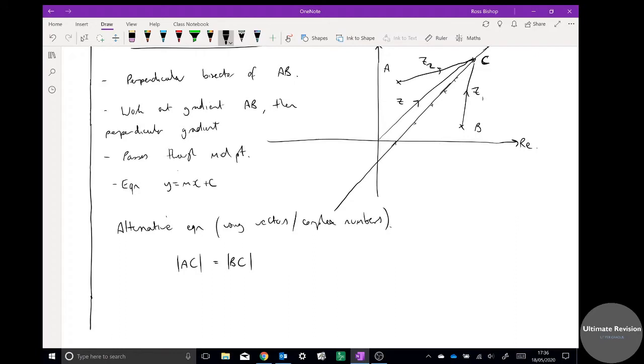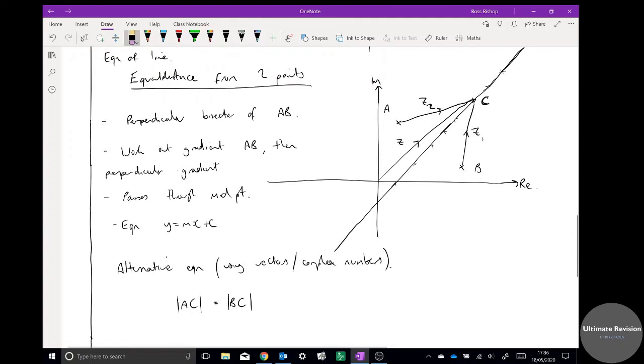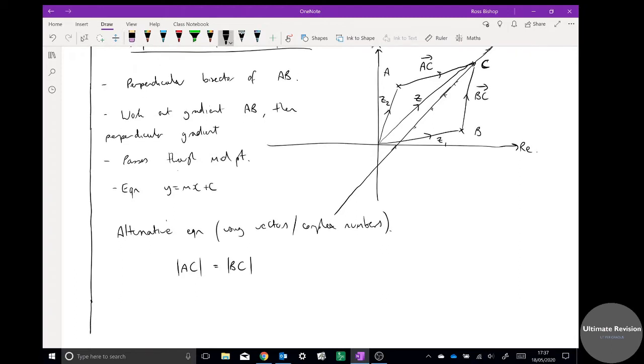Now A to C, well how do I get from A to C using the vectors? I'm just going to redraw this slightly. I'm just going to call that vector A to C, and this vector B to C, apologies. But that vector there is Z2, and that vector there to B is Z1, okay? Now the vector, how do I get from A to C? Well, that is minus Z2 plus Z, or Z minus Z2. Okay, vector.